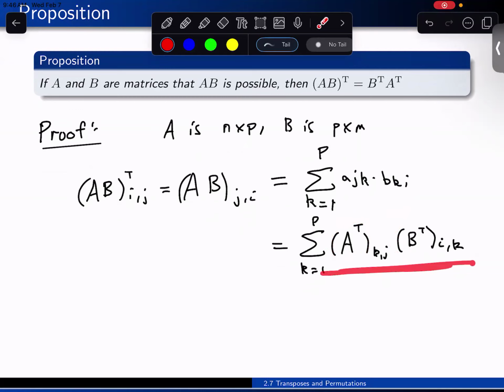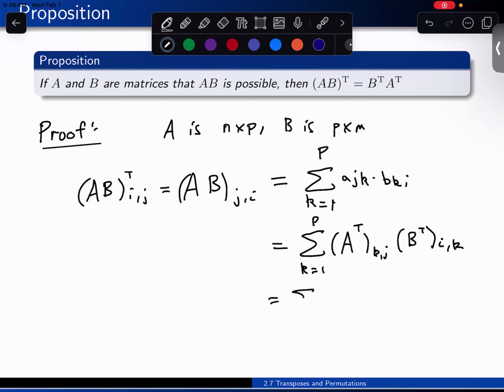So you can switch the order of this multiplication. Again, we're looking at entries of the matrix, not the entire matrix itself. You can't switch the order of multiplication generally, but if you're looking at the kjth entry and the ikth entry, you can switch the order.